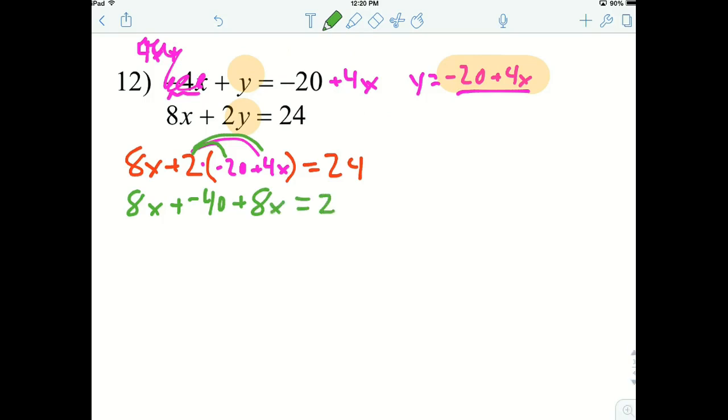And all of that is equal to 24. We want to combine our like terms. We have a positive 8x and a positive 8x, and that's not going to be 0. It's going to be a positive 16x. 8 plus 8 is 16x. And then we have our negative 40 still over there, equal to 24.